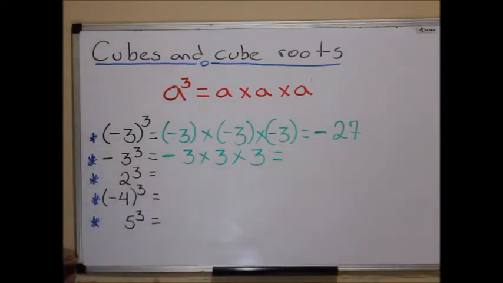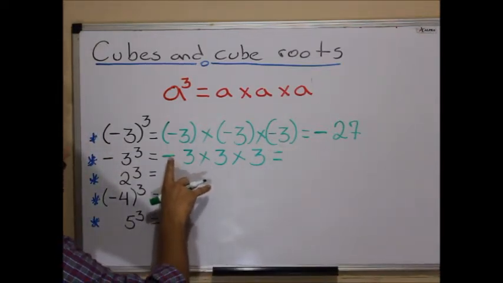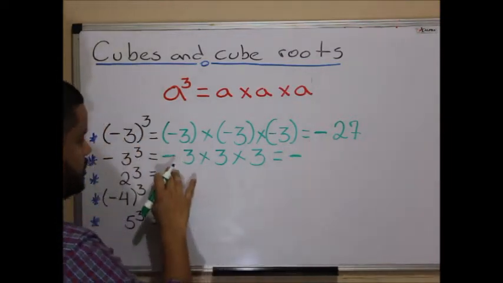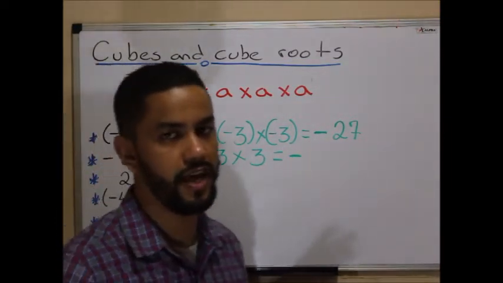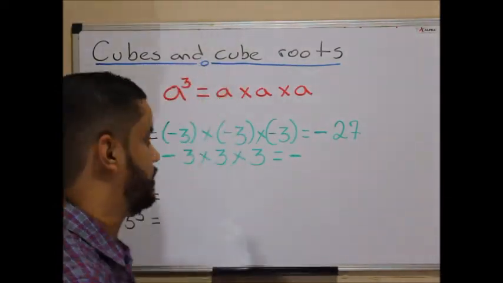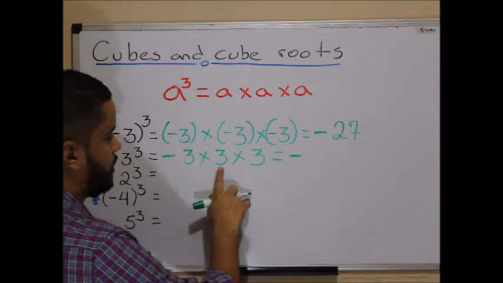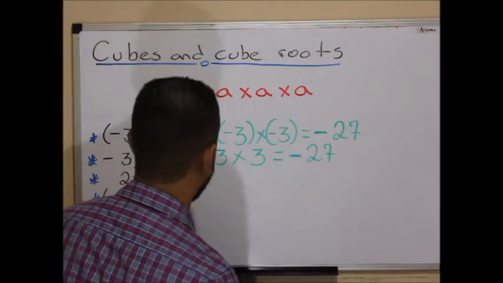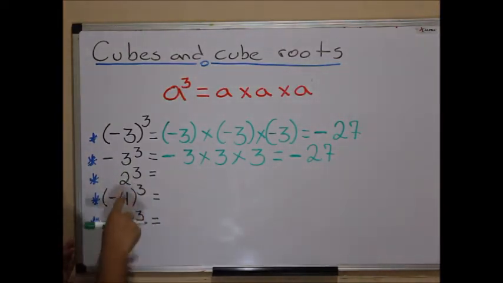So we're going to move this sign here and make all the numbers negative, and then we're going to multiply. 3 times 3 is 9. 9 times 3 is 27. Now let's see that one.